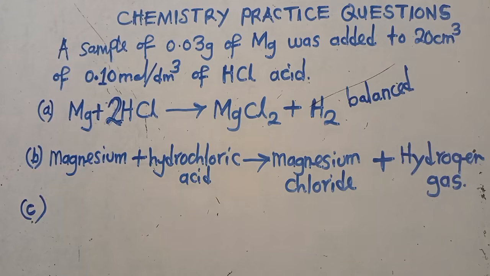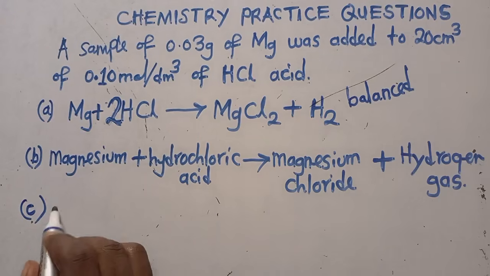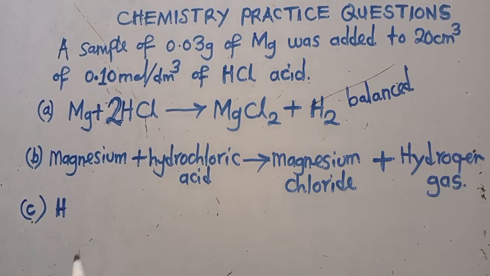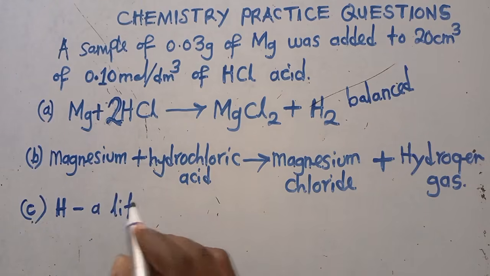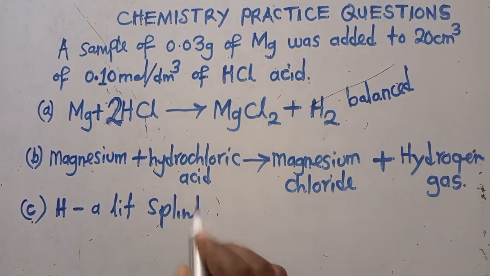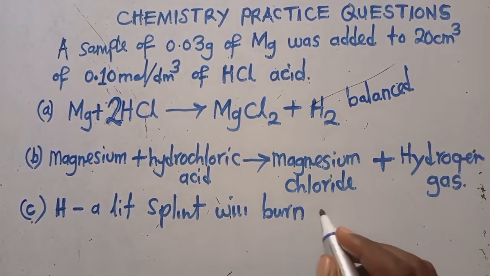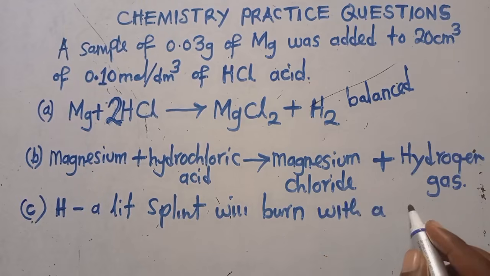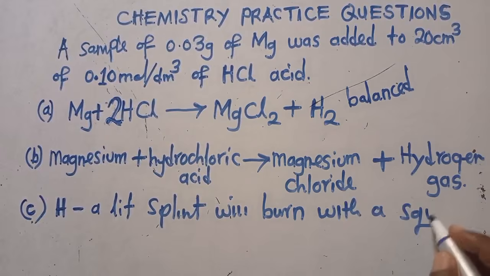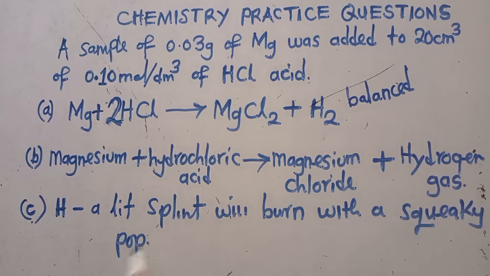For hydrogen, the chemical test, what you just need to say is that a lit splint will burn with a squeaky pop. Some people will say a splint with a pop sound. It is just one and the same.